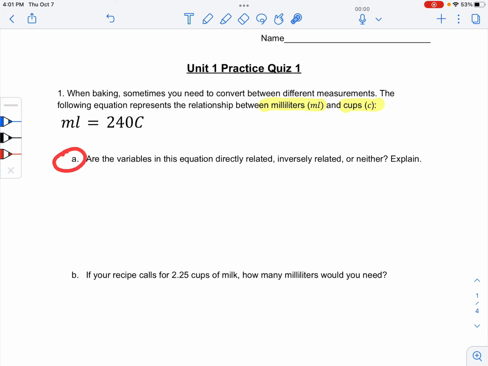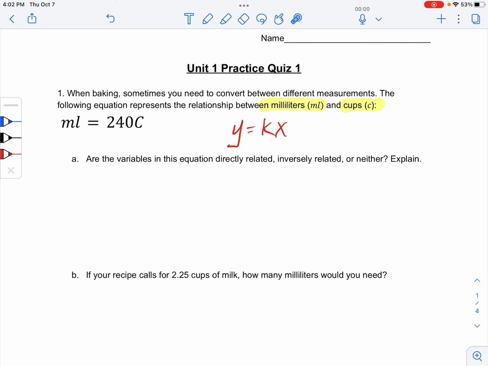First question is, how are these variables related? Directly, inversely, or neither? You can look at our list of equations, and hopefully you'll notice that this is direct. It looks exactly like our example that says y equals kx. This question doesn't actually ask, but if we were asked what the constant of proportionality is, that is the k value, and what aligns with that in our equation is this 240.